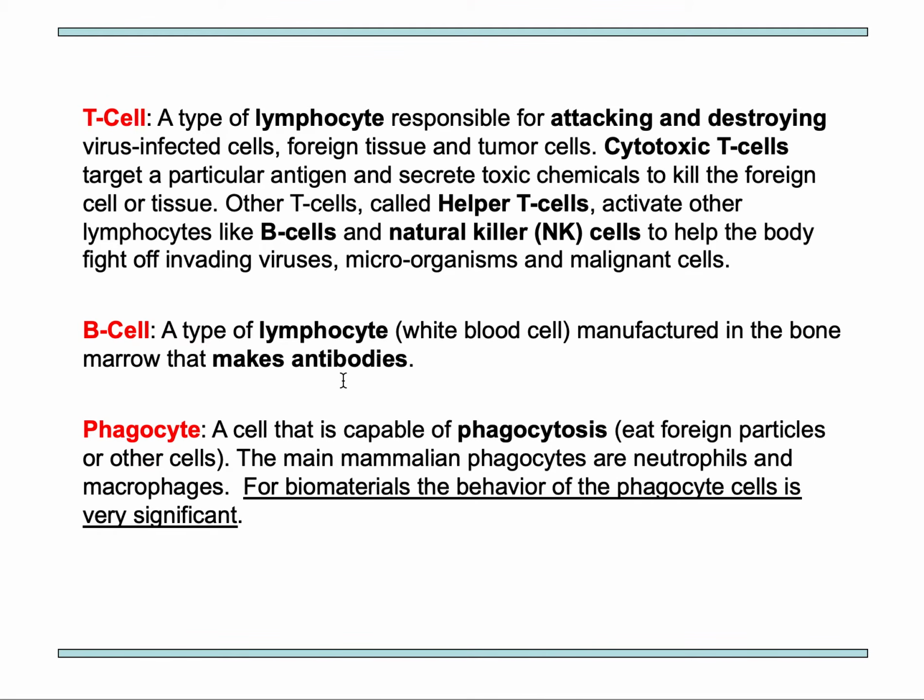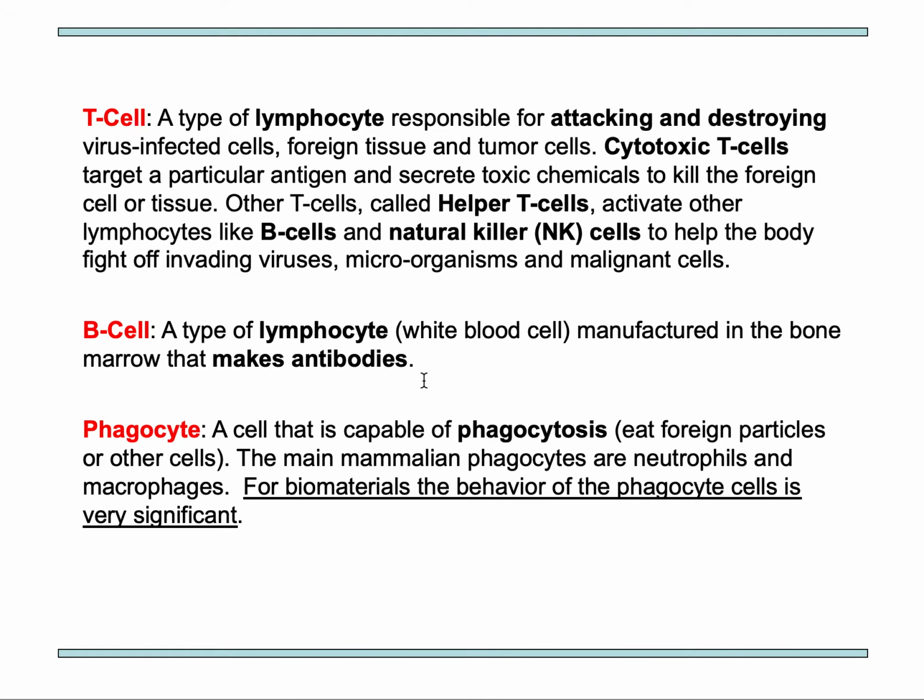Their job is to neutralize invading cells or microbes, not to kill them. It's a different way of doing things, and we will talk about how they are activated by the helper T cells. But keep in mind, both T cells and B cells are lymphocytes.